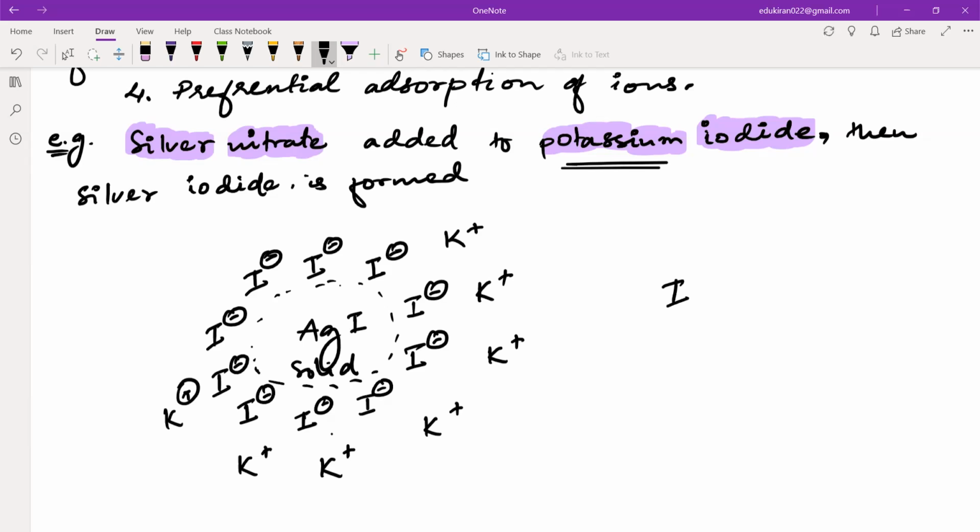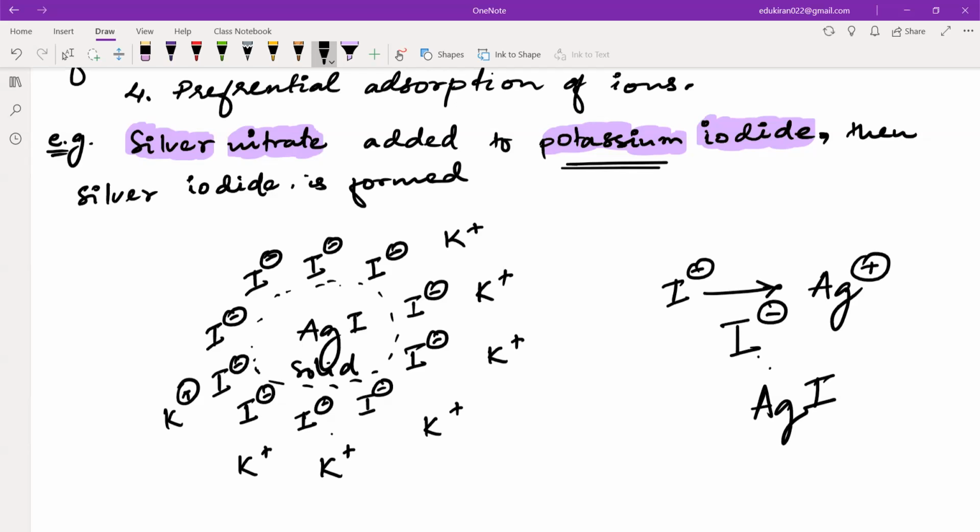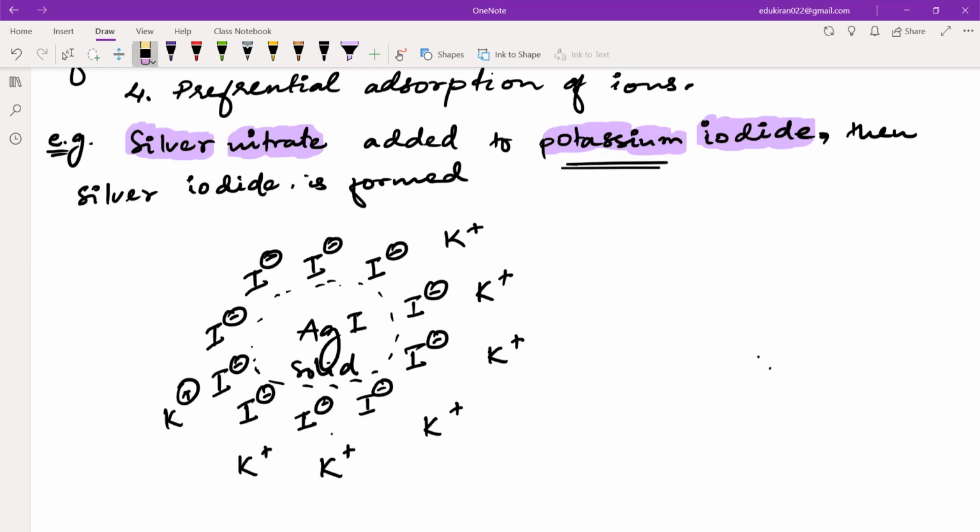Because iodine negative has some affinity towards Ag positive. Even when all the silver has one iodide ion with itself, there are further more iodide ions which are attracted by the Ag plus ion, and that is why you get a layer of I negative. And outside the layer, we have a K positive layer.